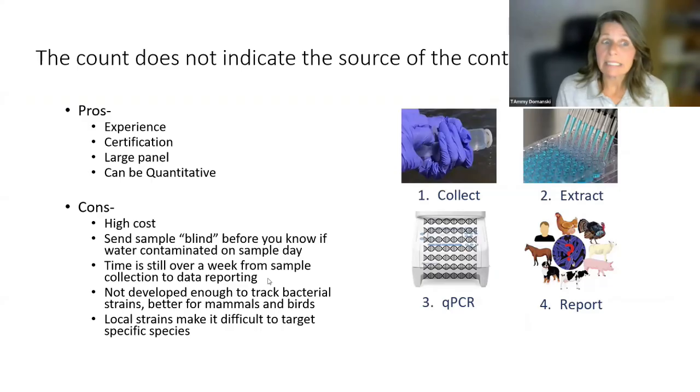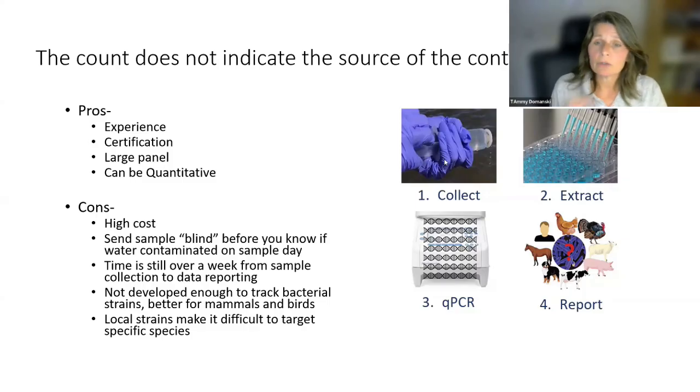The pros: these are companies that have certifications and experience. They have, in theory, and I'm going to say in theory several times now because it did not work out the way we wanted it to, a large panel of targets. They have probes that we can say it's cow, dog, pig, even some specific birds, human, etc. And then it could potentially be quantitative, although they haven't moved to that.